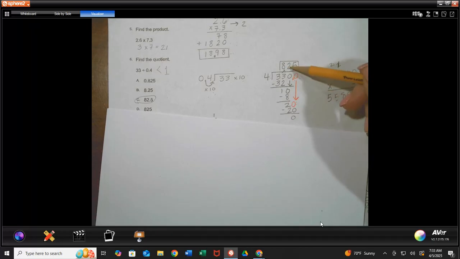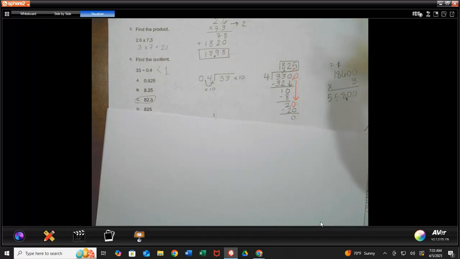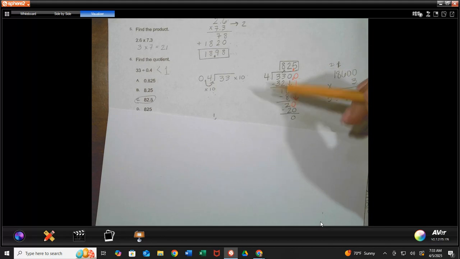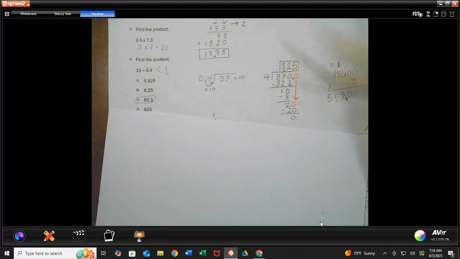So boys and girls, to check it, I can take this 82 5/10 and multiply it times, I did not check it, my bad. I could, if I wanted to, multiply it times 4/10 and make sure it's 33, but I did not have to because my answer was C in the answer bank. Again, test taking.